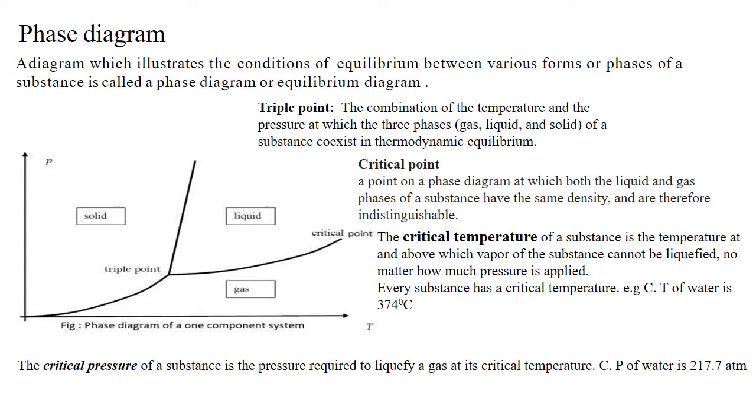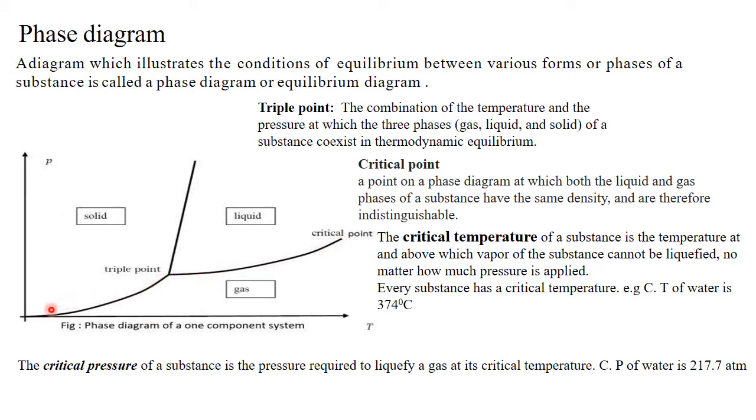This point is called the triple point. Triple point is the point where three phases of a matter, or we can say three phases of a substance, coexist, or we can say three phases are in equilibrium at this point. The point at which three phases of a system or a matter exist at equilibrium is called the triple point.